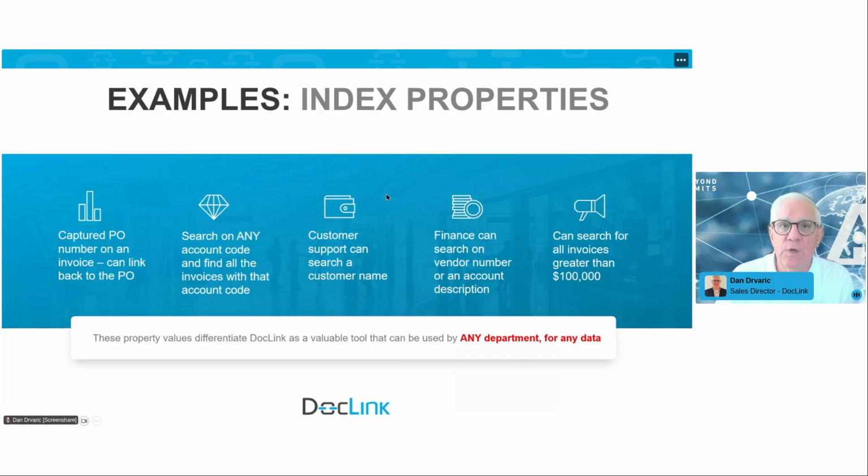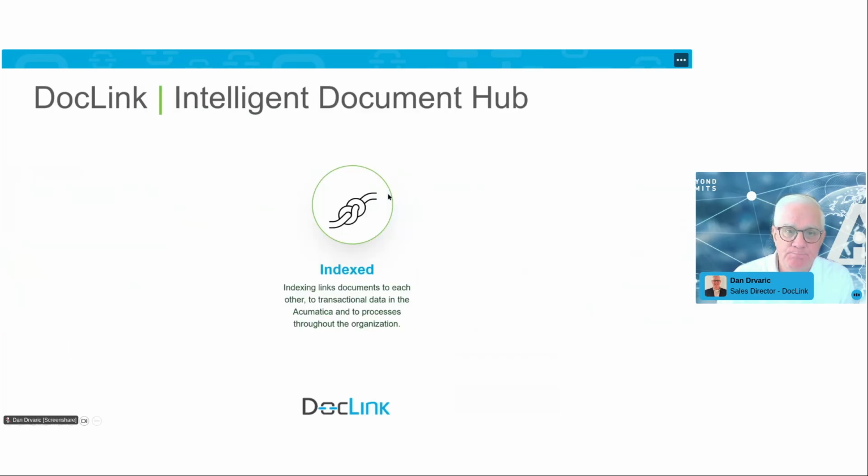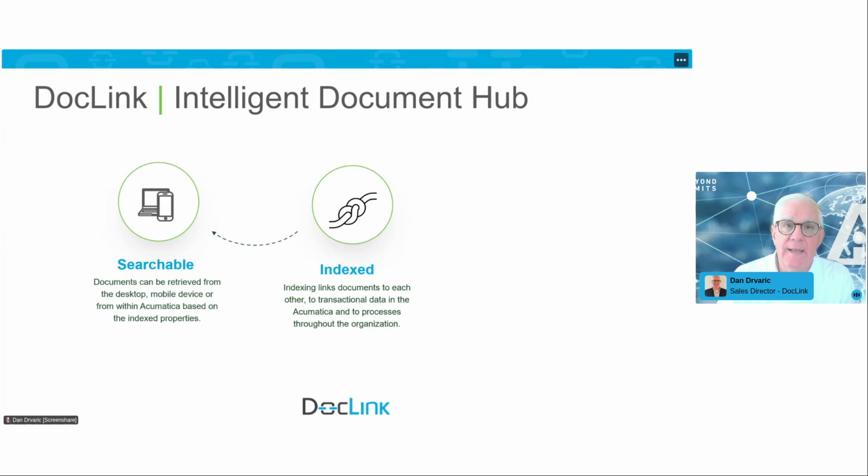So lots of different uses for DocLink and the data that we are indexing as a result of capturing a document. So the data is indexed. We can use it for multiple purposes. First off, we use it to connect the document to the transaction in Acumatica. Ultimately, that index data makes all of the documents very searchable, very easily searched and retrieved, whether from Acumatica or from the DocLink interface.